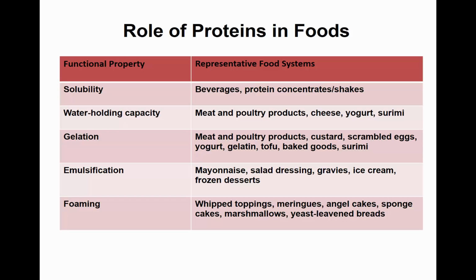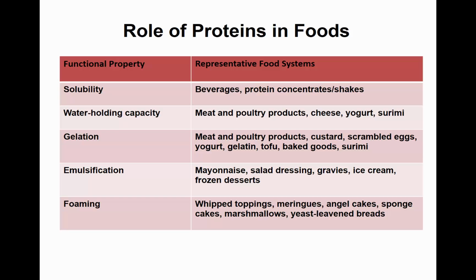A lot of applications are important in terms of using the protein as emulsifying agents and foaming agents. So emulsifying: mayonnaise, salad dressing, gravies, ice cream, you need that protein to emulsify to keep the aqueous and the lipid fraction mixed together and not separated.